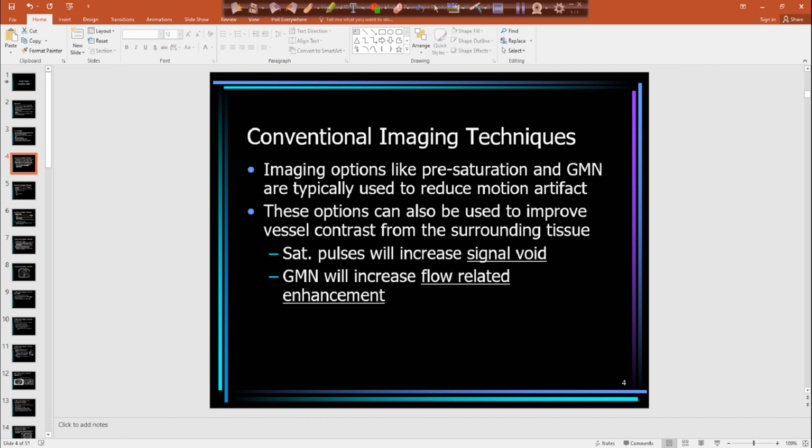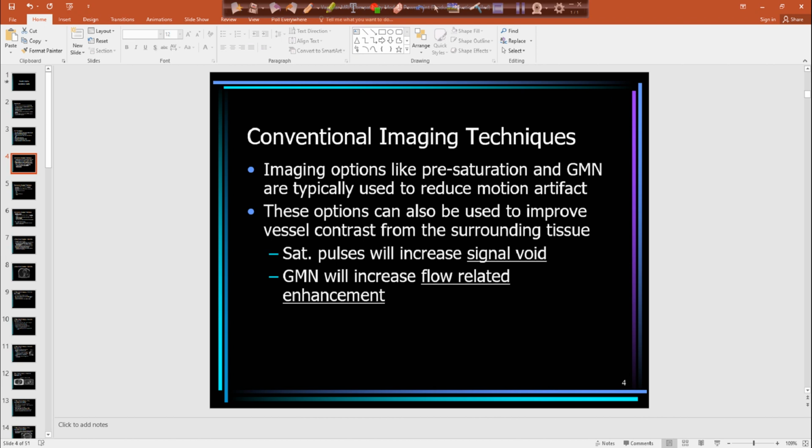So remember, we usually put a SAT pulse above our field of view in our abdomen if we're trying to null out arterial blood flow, because arterial blood flow is coming down from the top. We usually put a SAT pulse below our field of view of the abdomen if we're trying to null out venous blood flow through the inferior vena cava that's coming up.